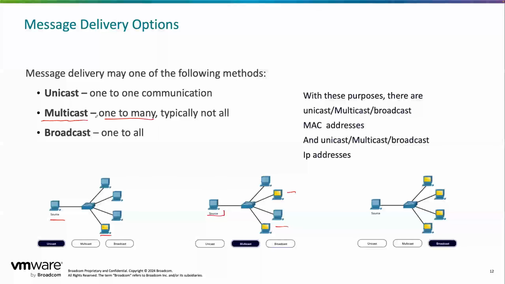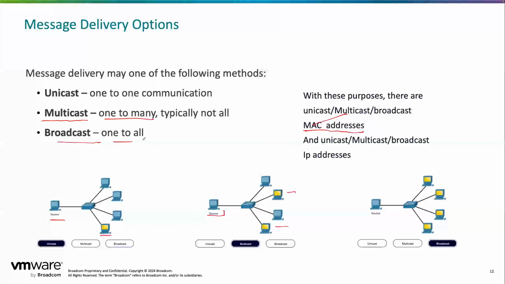So for multicast communication, in terms of different layers, we have different addresses. We have a multicast MAC address, and a multicast IP address in regard to the IP layer. And we also have broadcast communication.